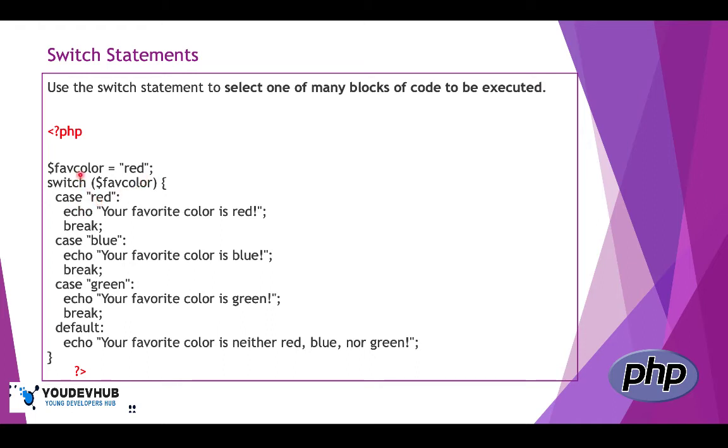If the user inputs red as the variable value, it shows that your favorite color is red. If it inputs blue, it shows that your favorite color is blue. And if you input green, it shows that it's green. And if you don't input any, it tells you that your favorite color is neither red, blue, nor green. So let's go to the text editor and see how that looks.